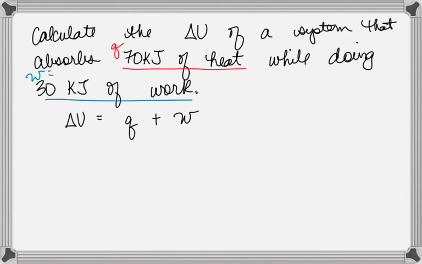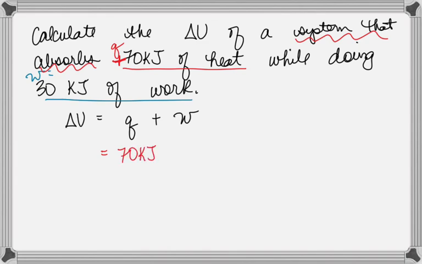But we have to read the context of the question to see whether the Q and the W are positive or negative. Look at the Q. It says system absorbs. The system's what we're interested in. So if the system is absorbing it, that's positive. So your Q is going to be a positive 70 kilojoules.